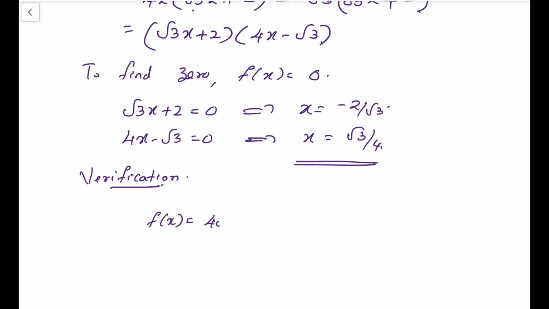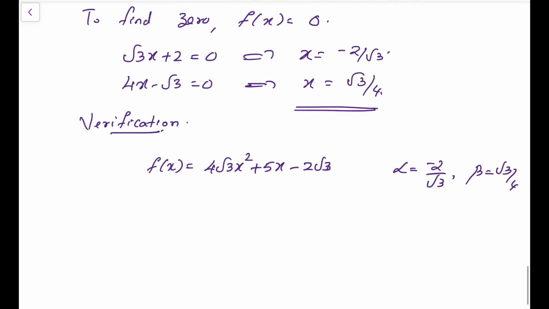Now our equation is 4 root 3 x squared plus 5x minus 2 root 3. Then you have alpha is equal to minus 2 by root 3 and beta is equal to root 3 by 4.